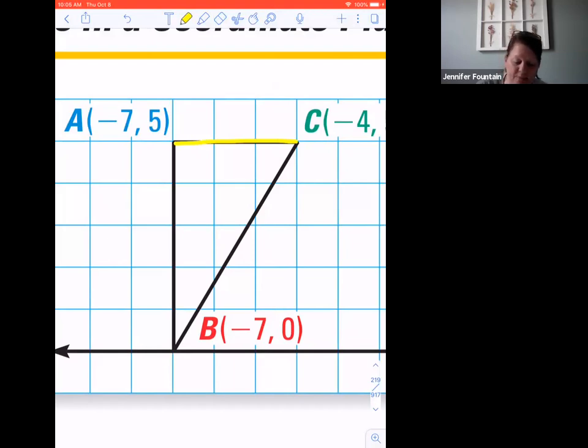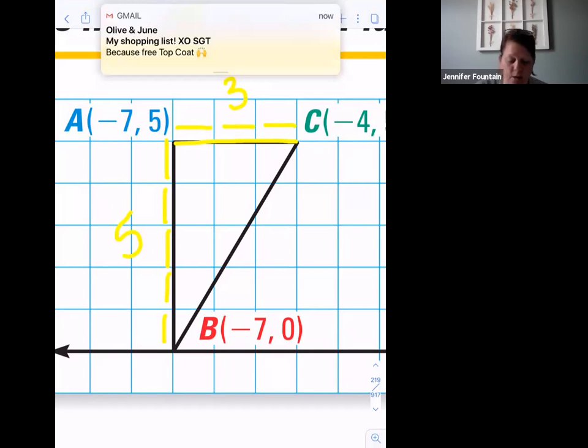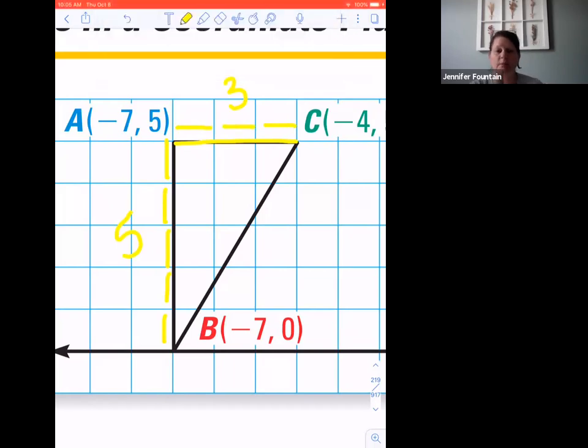So I can see I've got 1, 2, 3. So this side is equal to 3. Going down, I've got 1, 2, 3, 4, 5. They did not tell me this in the problem. They did not tell me that that side was 3 and the other side was 5. I had to figure that out.